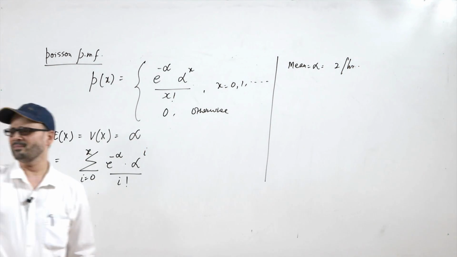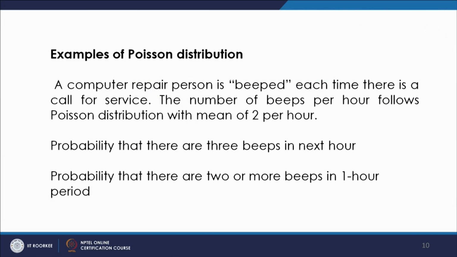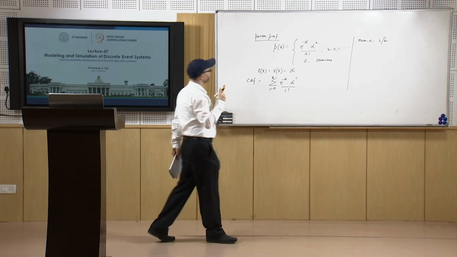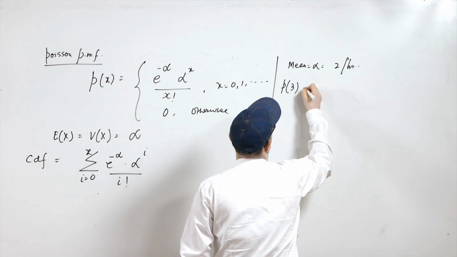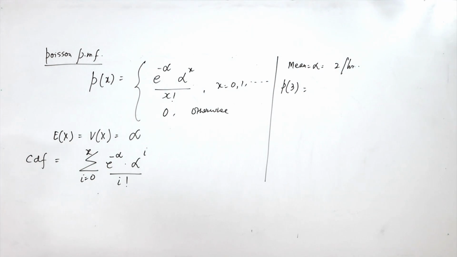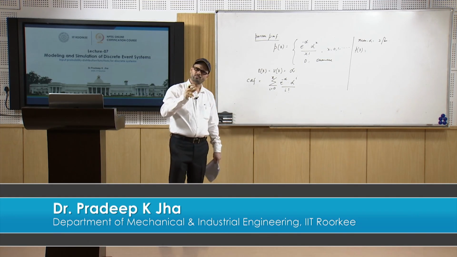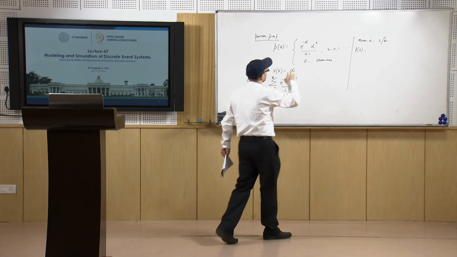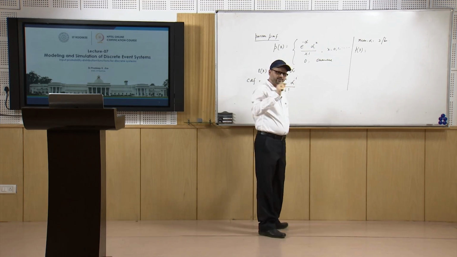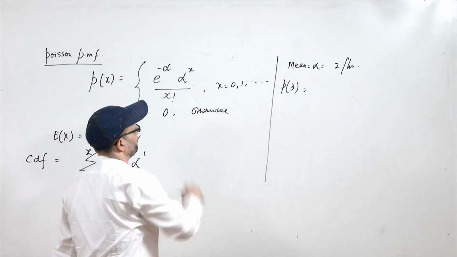Now, the problem is to find the probability that there are 3 beeps in the next hour. So, you have to find P3. Once you know that an event is Poisson distributed and the mean is told, you simply have to put the values here.